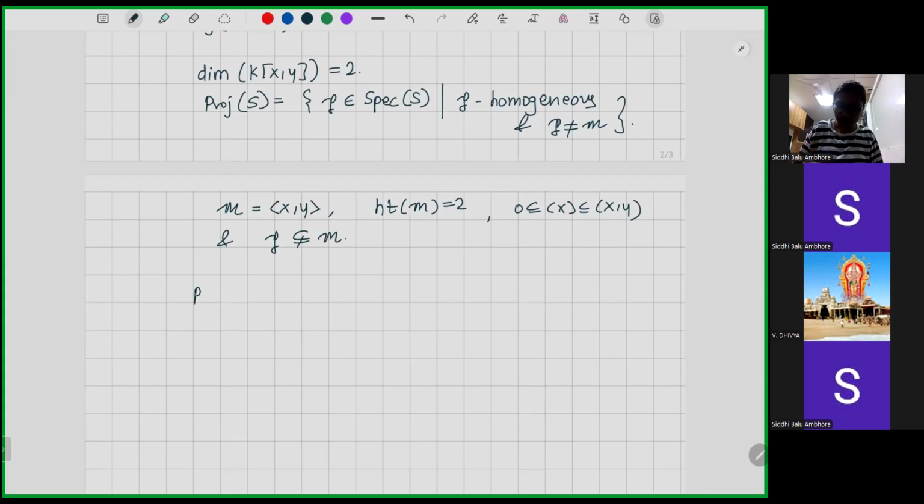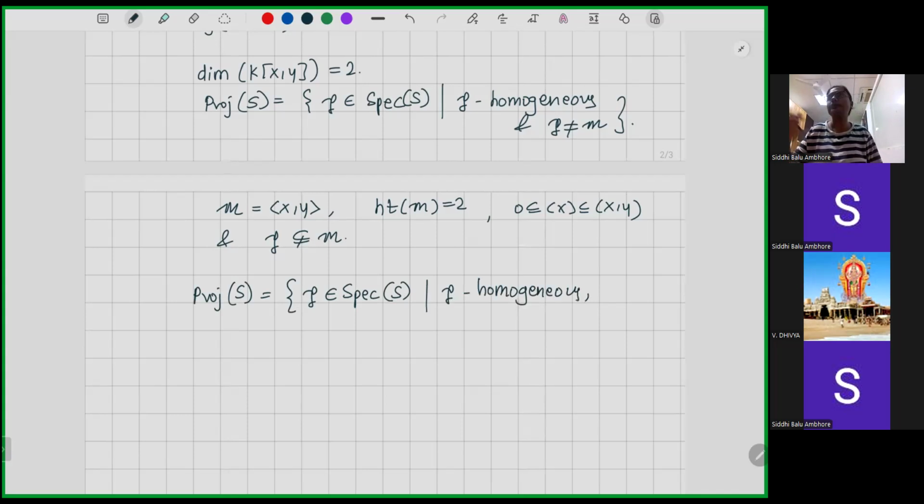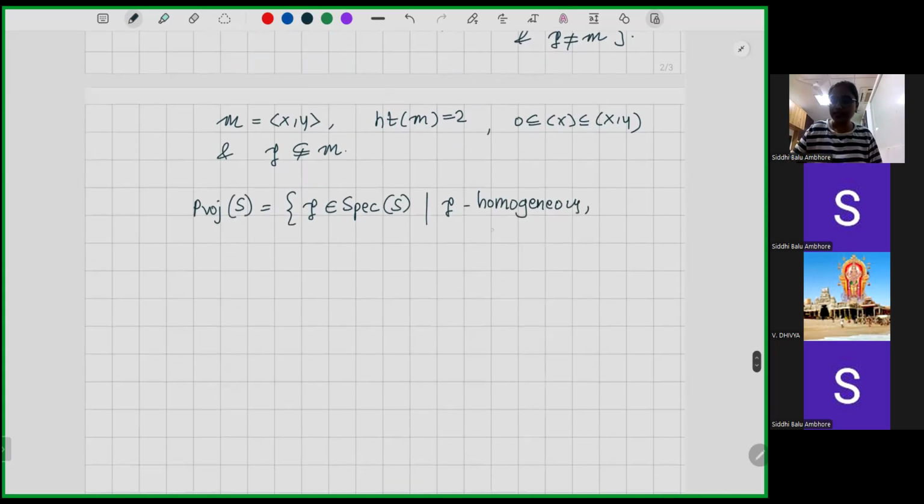Okay, so Proj S, then this set again. Here, instead of writing this, I can just write this P in Spec S such that P is homogeneous, that is okay. But instead of writing this P not equal to M, I can say that the height of P is not equal to 2.